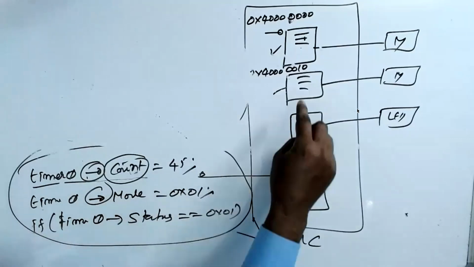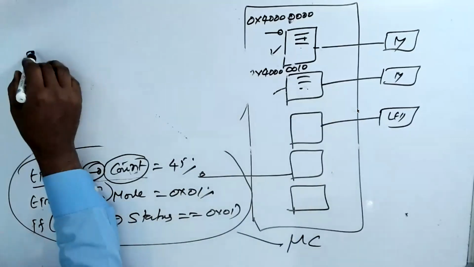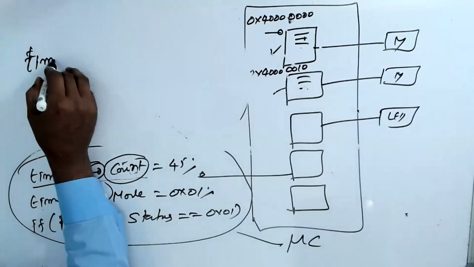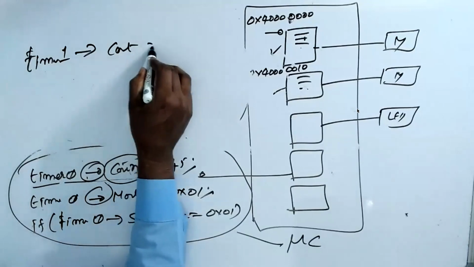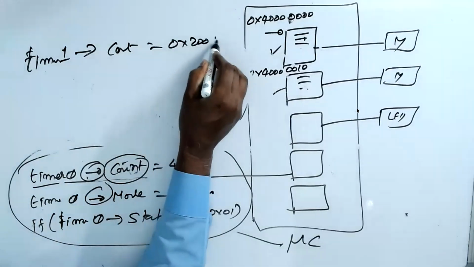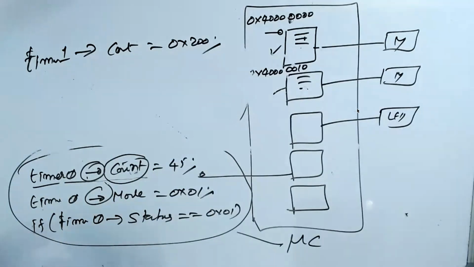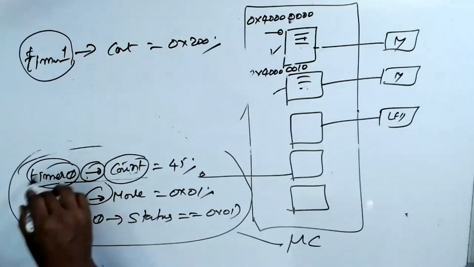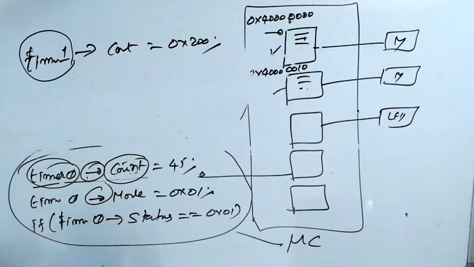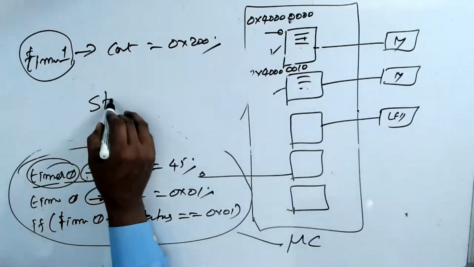Now, if you want to have timer 1, I'll say timer 1 count. You read it, you understand it. So these structures give you the ability to understand the whole program, and the name itself is called structure.